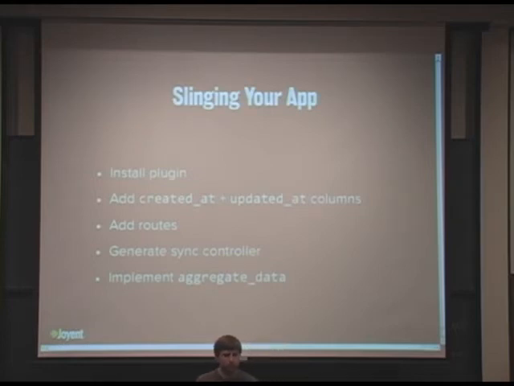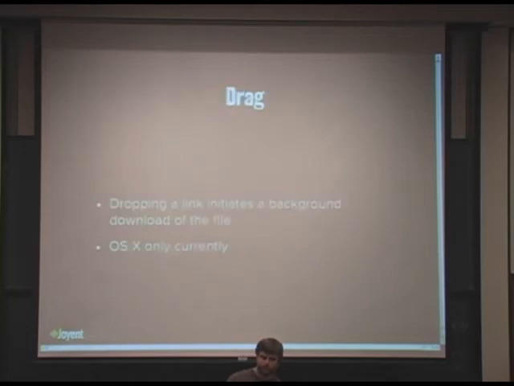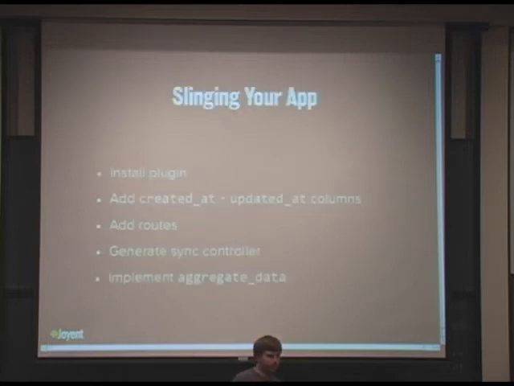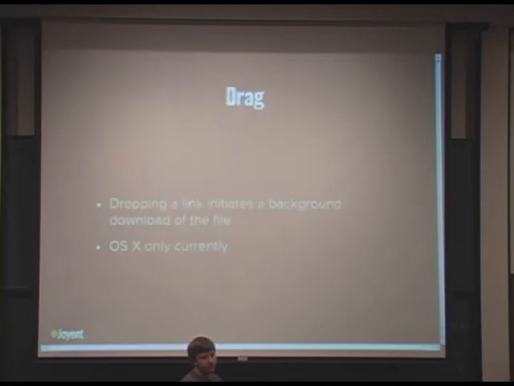The sync controller, that Slingshot sync controller, just lives in app/controllers. And there are several methods in there that you can implement. Aggregate data is the only one that you need to implement. All of this is publicly available, and there will be a link to it so you can actually see it. It's pretty straightforward, actually.